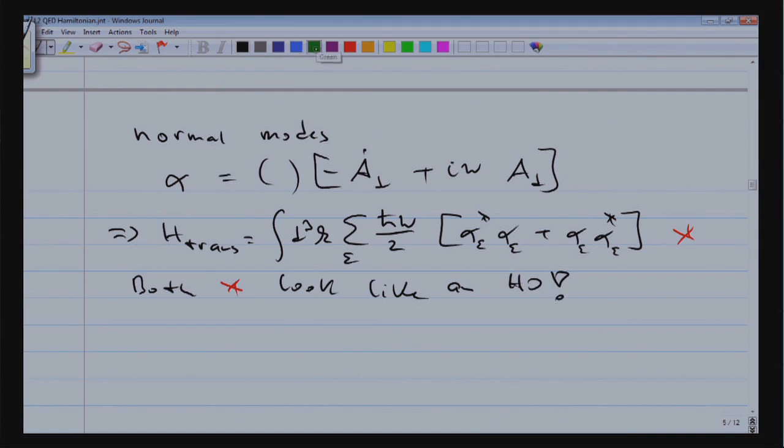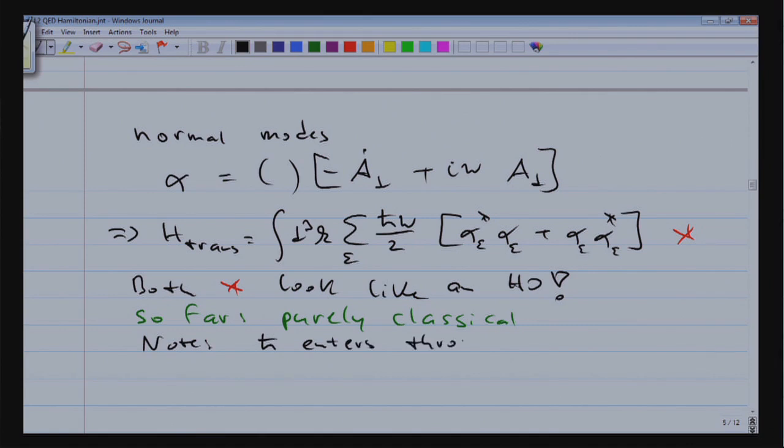And I think I should always remind you that so far everything has been purely classical. And also let me write down that h bar enters solely through the constant in the definition of the normal mode parameter alpha.